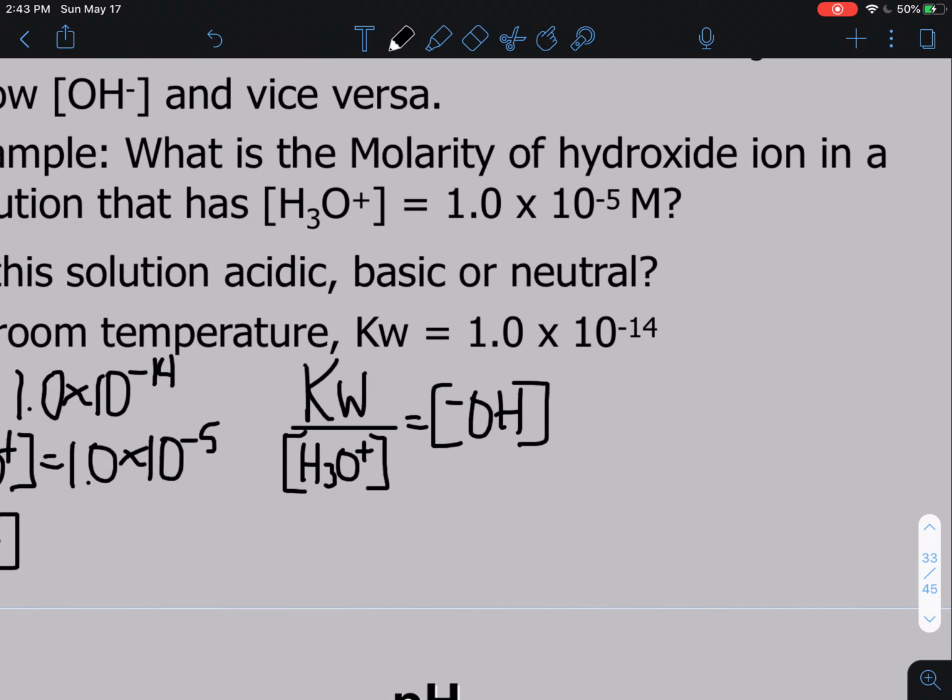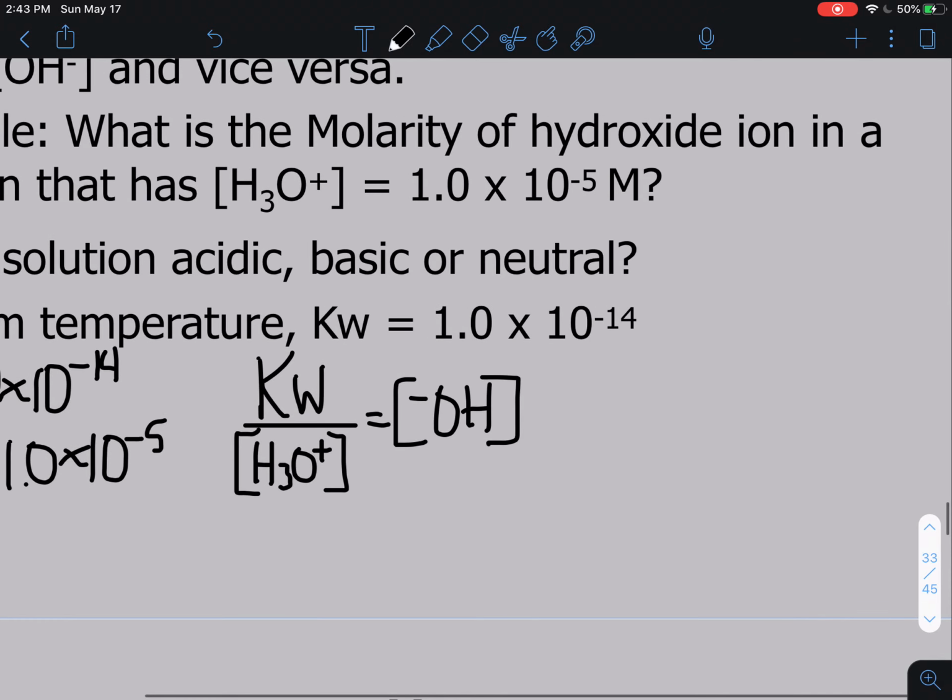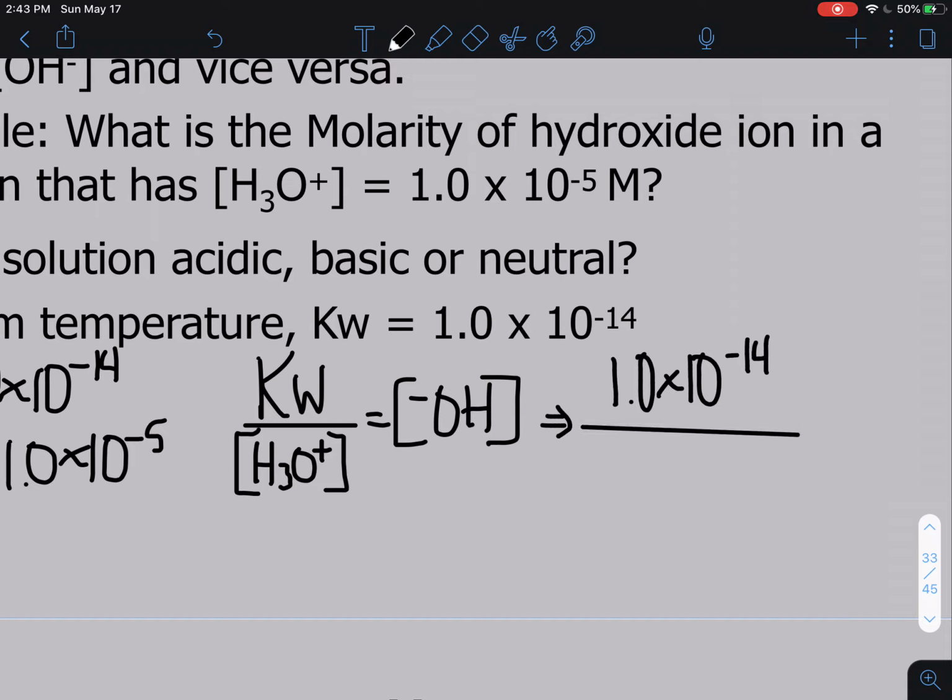So plugging that in a little bit further, I'm going to zoom in. We can actually just do this in our head, right? So KW is 1.0 times 10 to the negative 14, and our concentration of H3O plus is 1.0 times 10 to the negative 5.